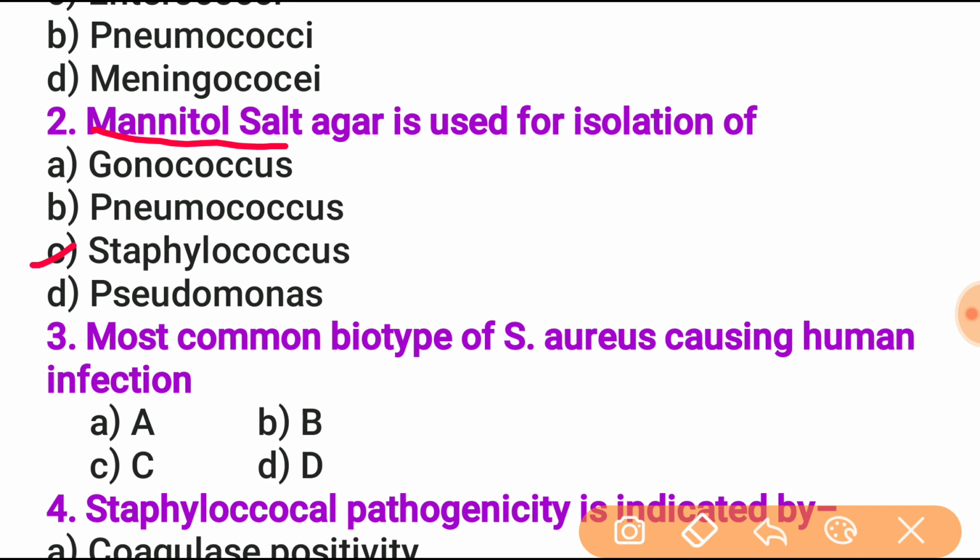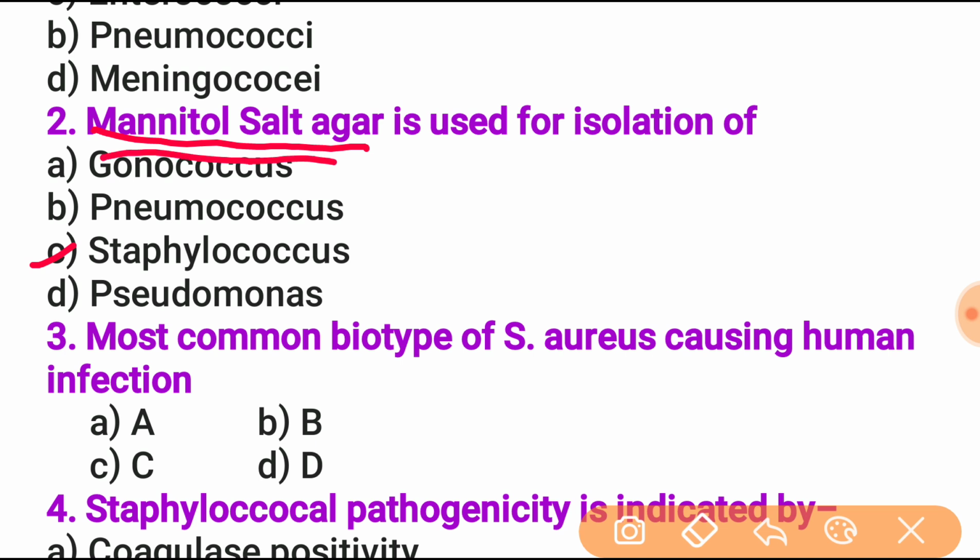Mannitol salt agar is a selective media for Staphylococci. Other selective media for Staphylococcus are Columbia colistin nalidixic acid agar and Ludlam's media, which is lithium chloride and tellurite media.